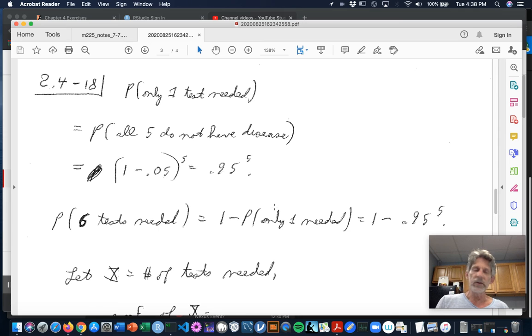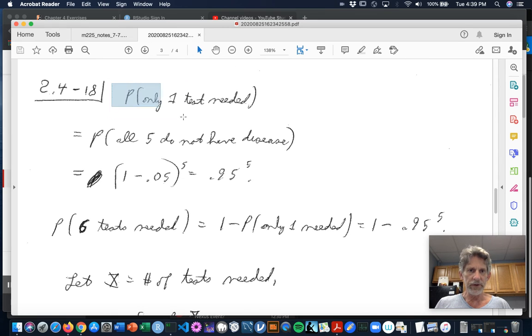So you're either going to do one test, or one test plus N tests, one on each of the individual people. Now suppose that the chance is 0.05 for any given person to have the disease. You pick a person at random from the population, 5% chance they have the disease, independently of all other people. And say there's 5 people you need to be looking at. Then what is the expected number of tests needed?